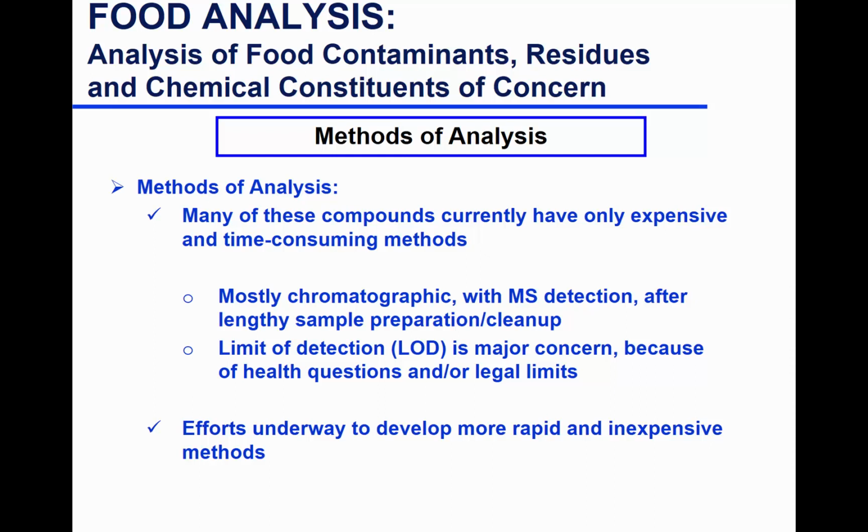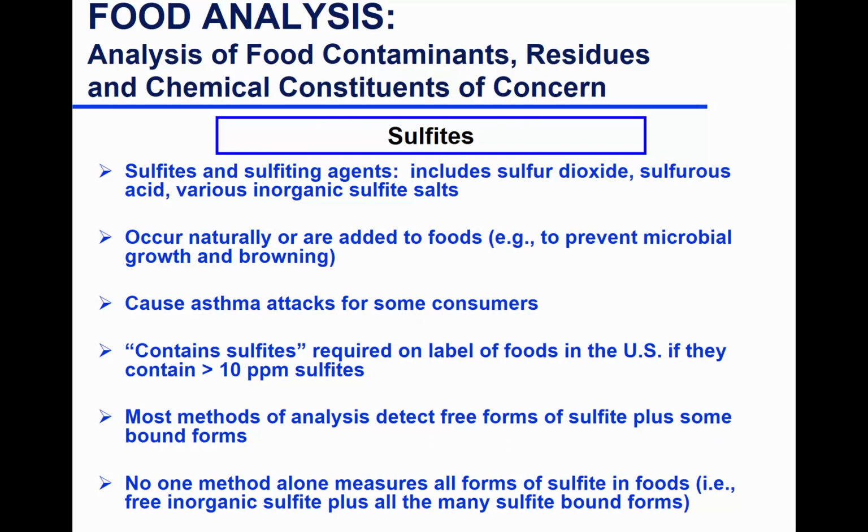So we really want to detect them at very, very low levels. Oftentimes the methods are tedious because you want to make sure that you follow every precaution and concentrate so that you can actually detect those contaminants in your sample. There's always an effort ongoing to develop more rapid and inexpensive methods. So still work in progress.